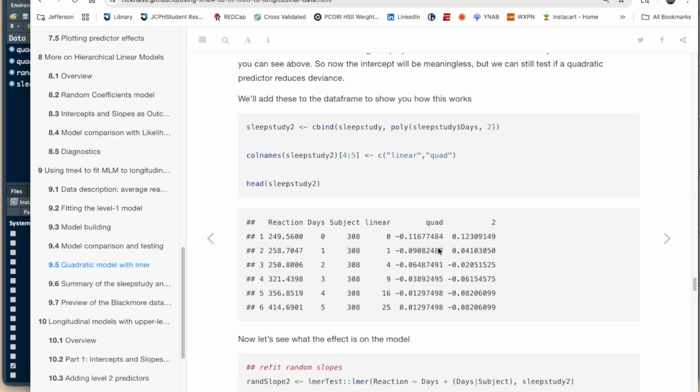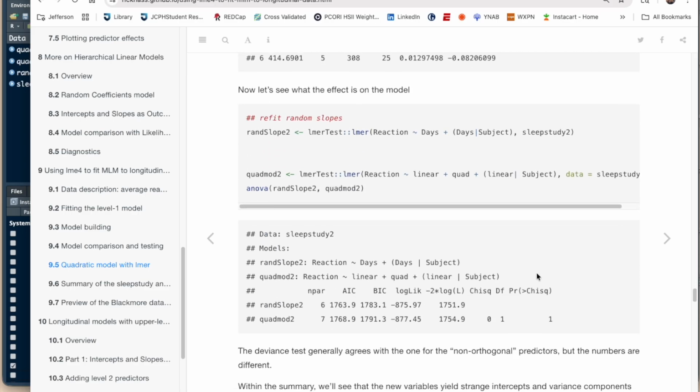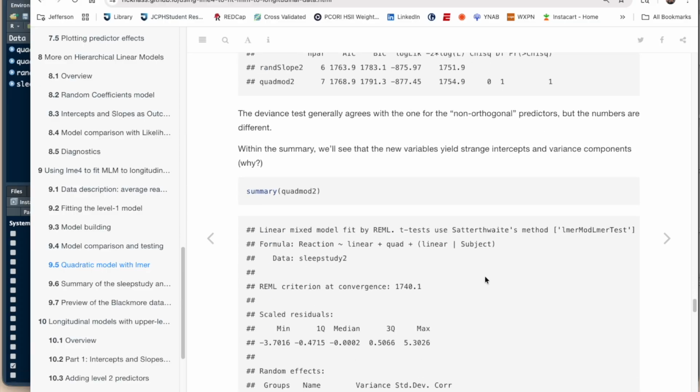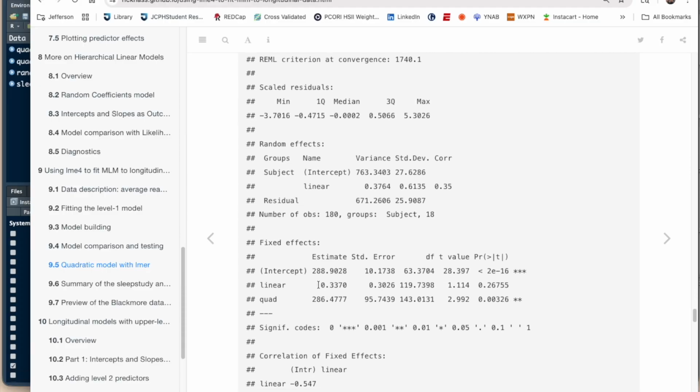So as you can see here, we've got two vectors of numbers. They don't make a whole lot of sense. The effect that this has on the model is essentially nothing in terms of the fit, but you'll get very different terms in your model. In this case, it actually changes the fixed effects quite a bit.